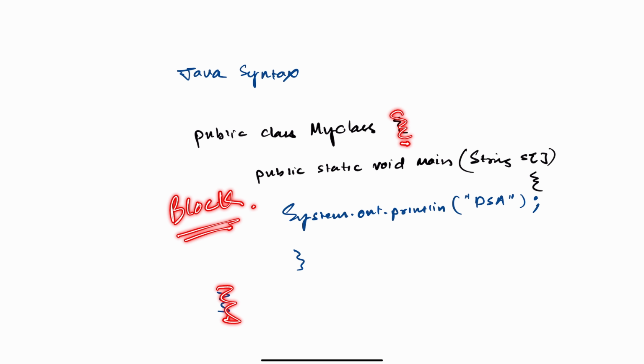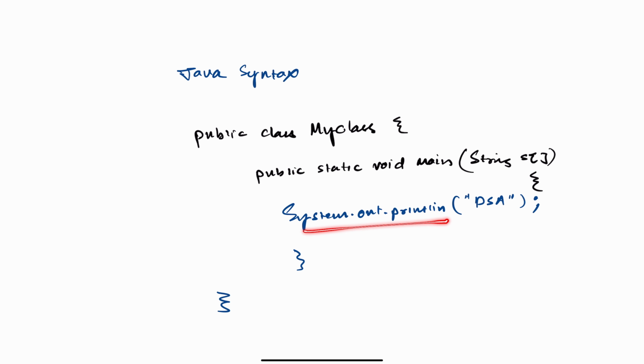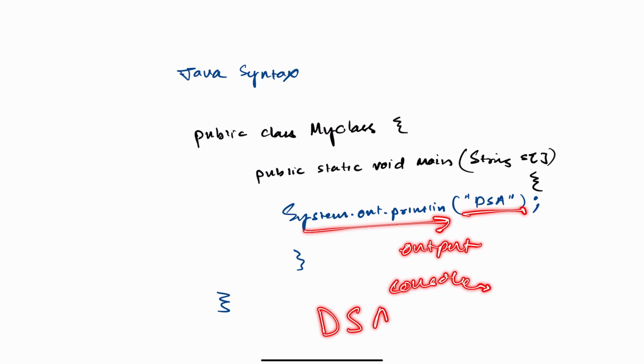This is the piece of the block, and what we're going to perform is printing some output. What is that output? A text, a string, on the console. Console is the output window, which is a black window. You'll get the output as DSA once you are able to successfully compile and execute the program.